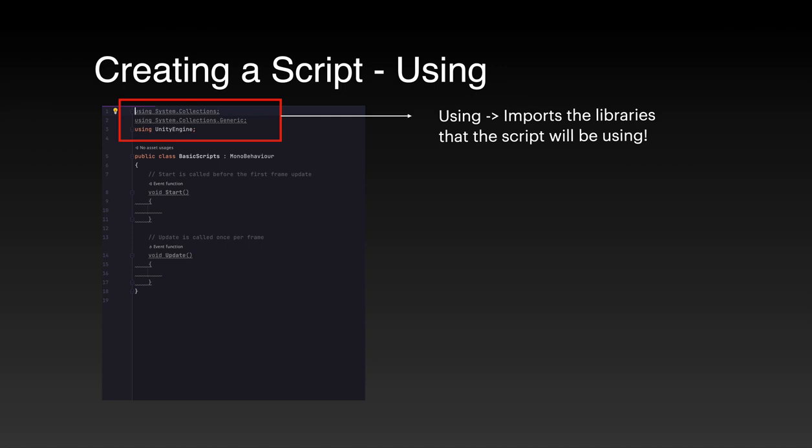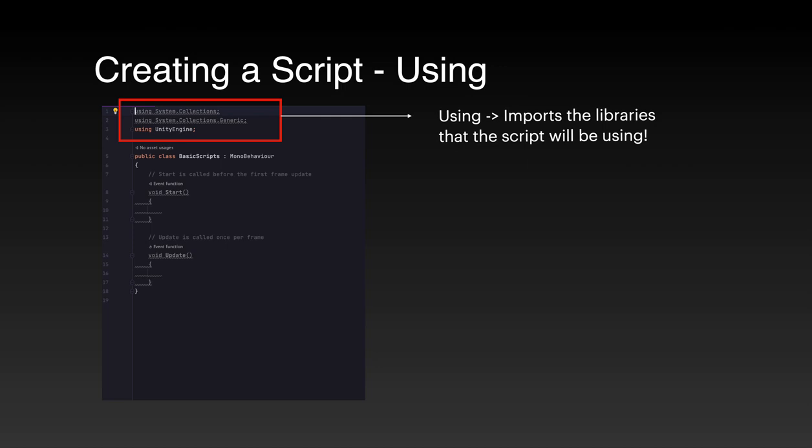For example, using UnityEngine means that we are going to use this library from Unity Engine inside this script. Each script contains one class. So, public class BasicScripts.